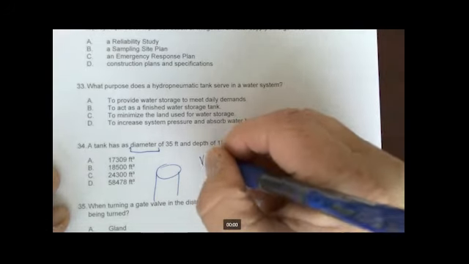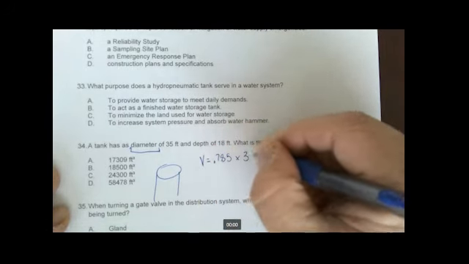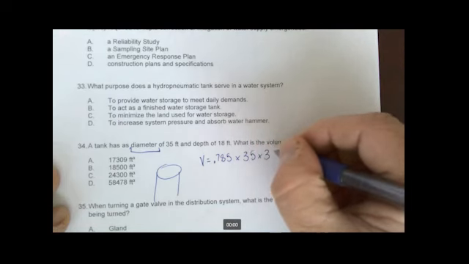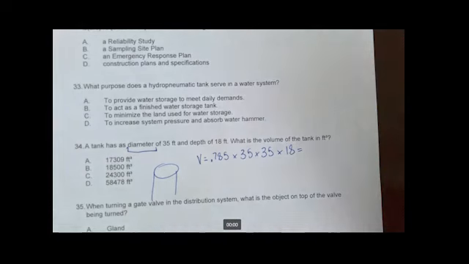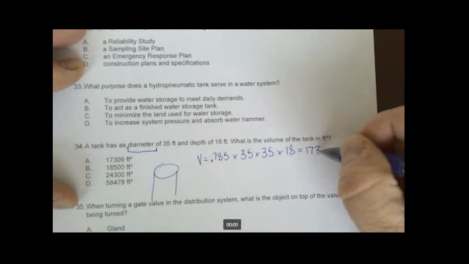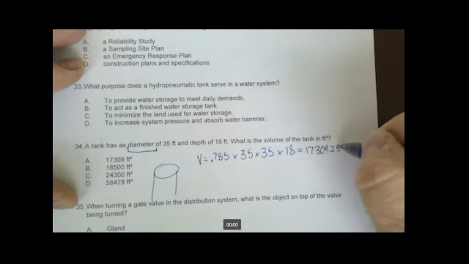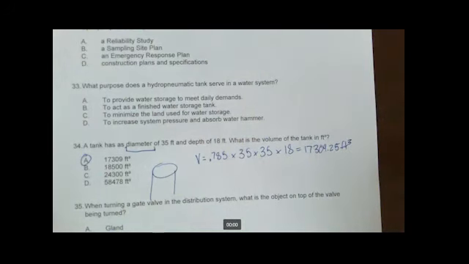So the volume formula for a cylinder is 0.785 times the diameter times the diameter times the height. In this case, depth, same difference. 0.785 times 35 times 35 times 18 gives me 17,309.25 cubic feet, which would give me A.